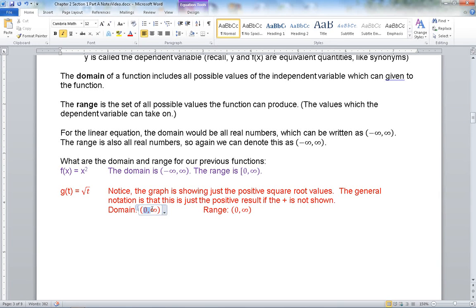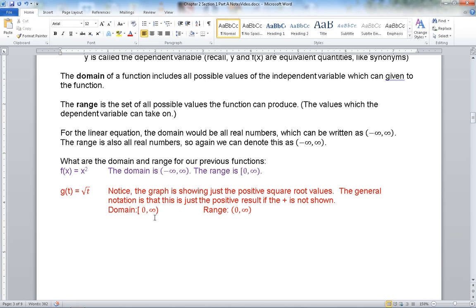Okay, so again, we need to fix the notation here. So what happens is you really need a square bracket, and then the 0 to infinity part, and then a rounded bracket, because you can plug 0 in. The square root of 0 is 0.